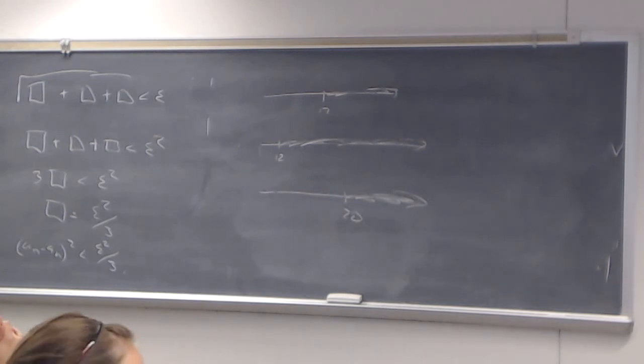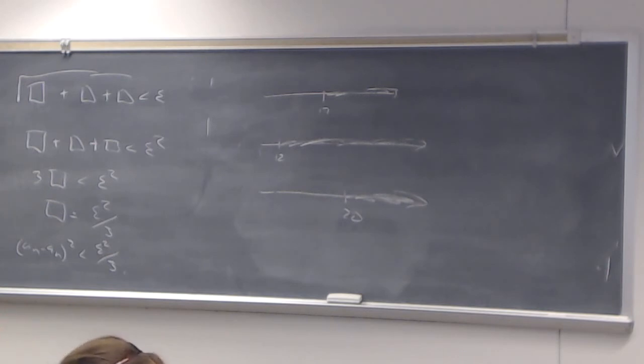So that's why we take the max. Then, for all n and m greater than or equal to n, we have a sub n minus a sub m squared is less than epsilon squared over 3. Also, b sub n minus b sub m squared is less than epsilon squared over 3.